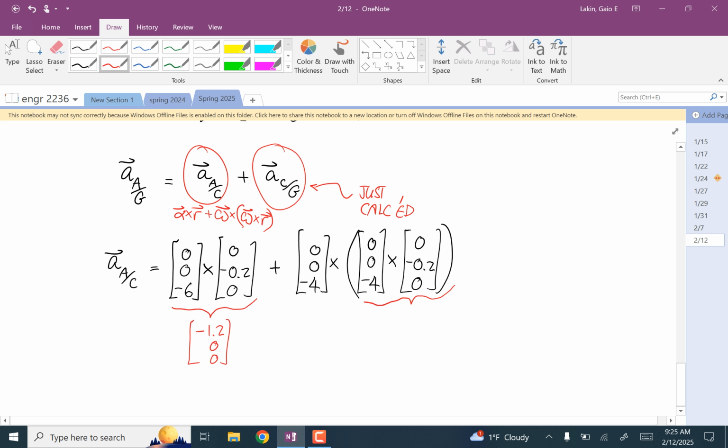For this first piece, you get negative 0.800. And so for this whole thing together, you get positive 4.80. And so the total acceleration of A relative to C is negative 1.2, positive 4.80.